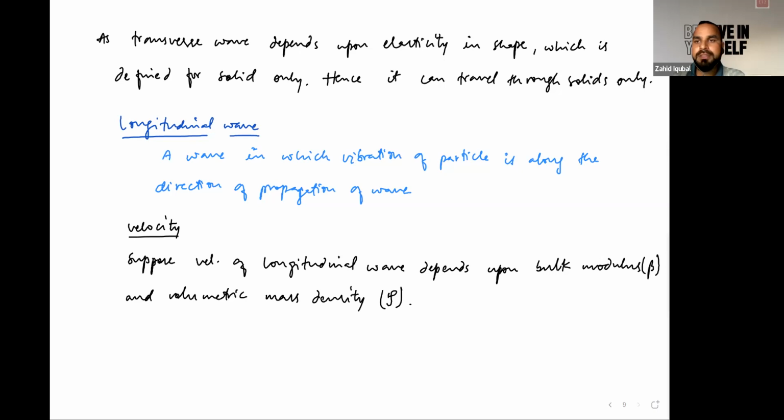So using this expression, try to find expression of velocity. According to the concept of dimension analysis, we may write velocity is equals to some k times beta raised to x and rho raised to y. So using this expression, write the dimension of each term and try to find the value of x and y. First, write it down.